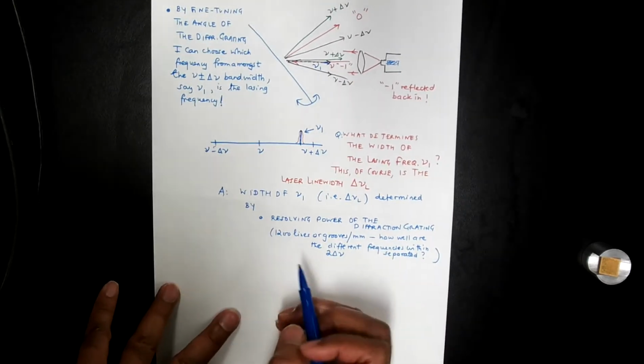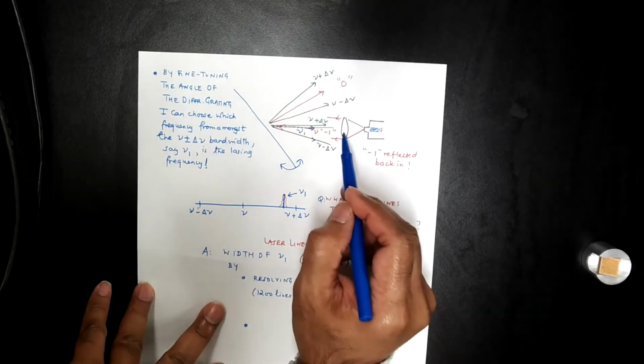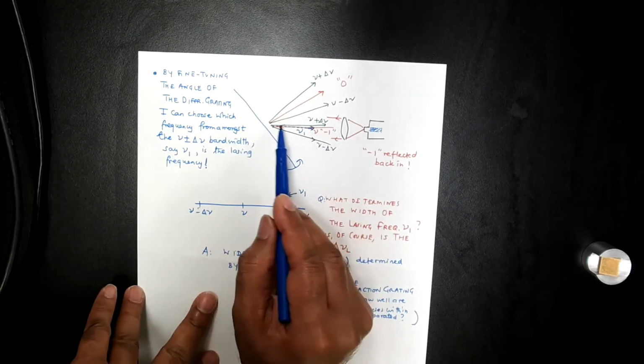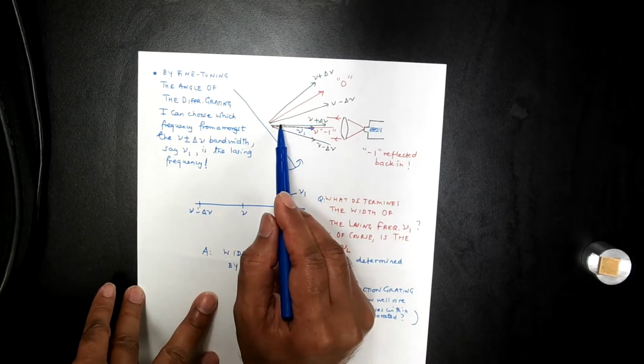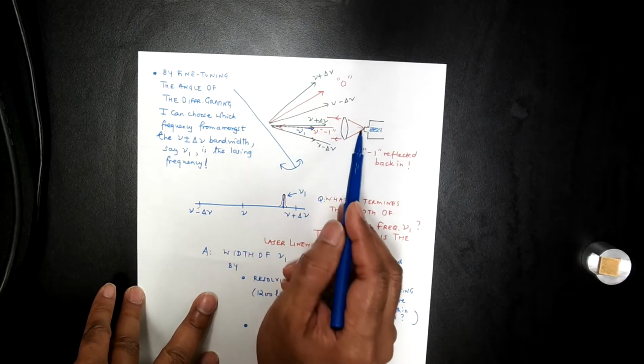The other thing is the finite aperture of the lens also, because whatever is subtended by the lens, when you adjust the grating, whatever hits the lens gets to go back in.